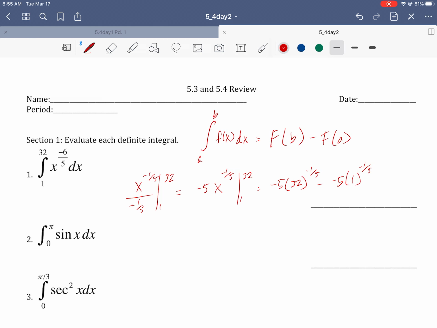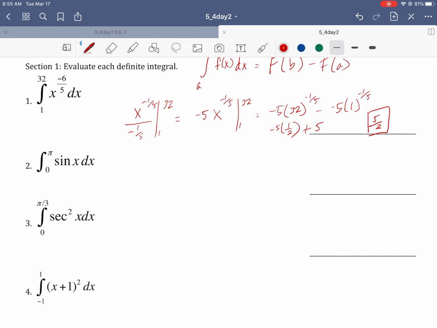So 32 to the negative 1/5, feel free to put that in your calculator, but the fifth root of 32 would be 2. The negative is what flips it to make it a 1/2. So we have negative 5 multiplied by 1/2, and then we have plus a 5. So negative 5/2, or negative 2.5 plus 5 will give us a positive 5/2. Okay.